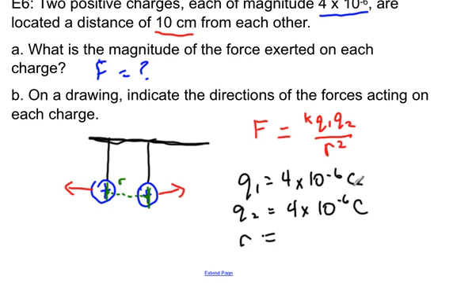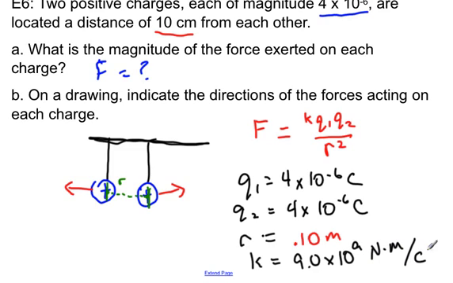So just take 10 divided by 100 and you get 0.10 meters. And what else? Oh, we have K. If you look it up in your book, what is the book's value? 9.0 times 10 to the 9th Newton meter squared over Coulomb squared.